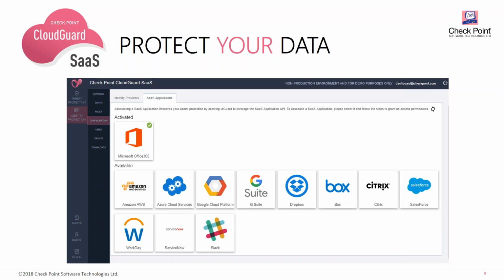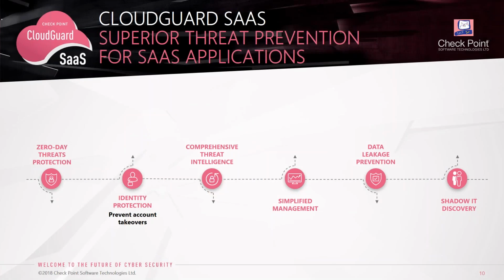Hopefully this means that if you do decide to use these cloud apps, you can do so knowing that you've got the same security you would have from Check Point on premise, also available to these cloud providers. So what does it offer? Well, protection from zero-day threats, and identity protection to ensure you don't have that account takeover challenge.